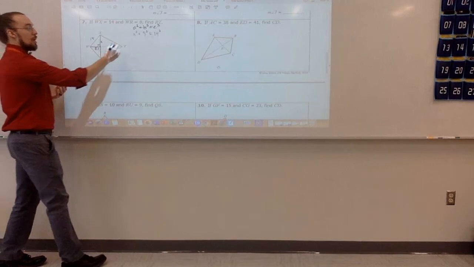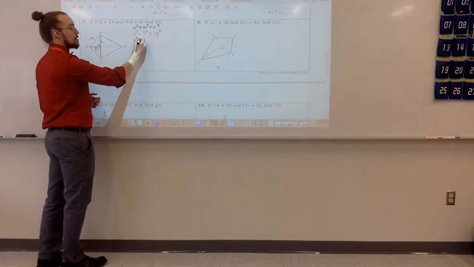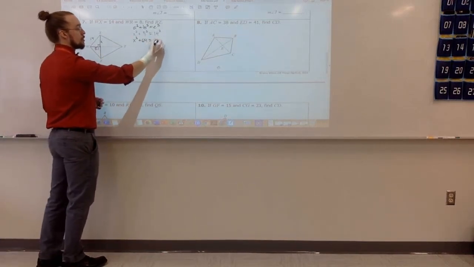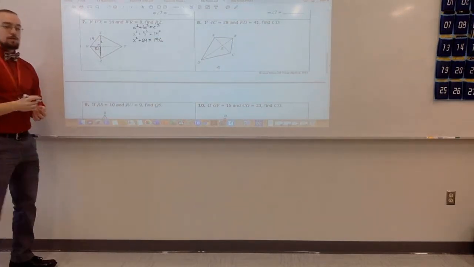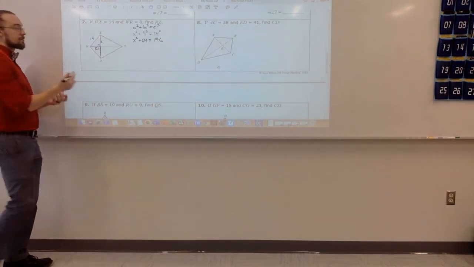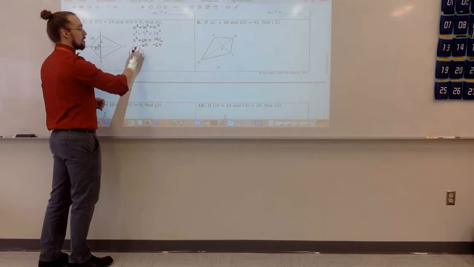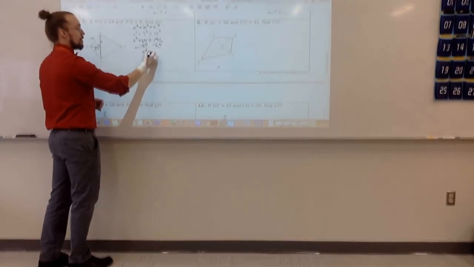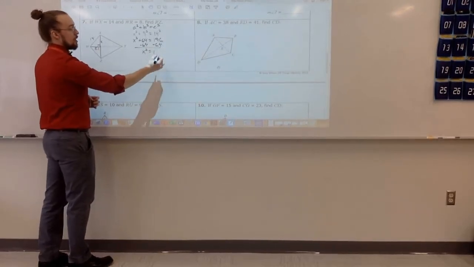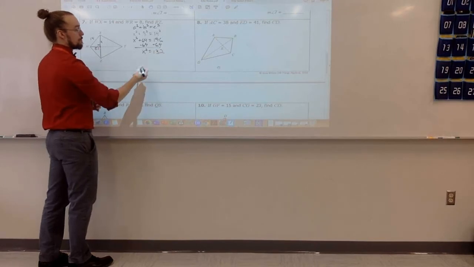So to solve this, I'm going to square both of these. 8 squared is 64, 14 squared is 196. Subtract 64 over. We get x squared equals 132.